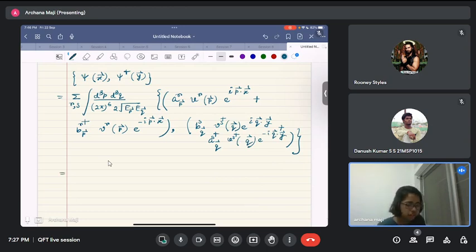So what will it be? It immediately boils down to just two terms, because as we said, this anti-commutation with this will survive and this with that will survive. So we get two terms.